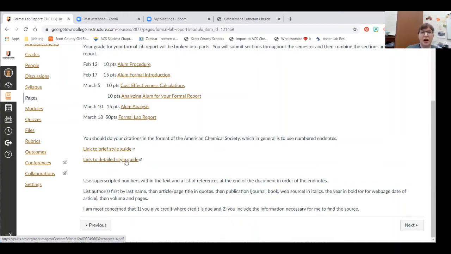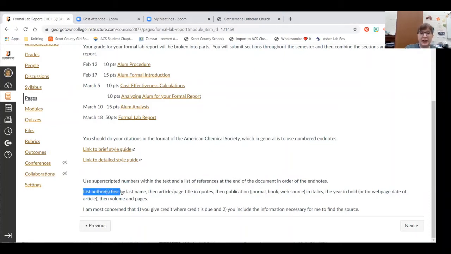So on the bottom of this, I've given the general format for anything you're citing. Whatever you're citing, you start by listing the author. As you would think, you put the last name first and then usually initials, but you could do first name if you want to. After that, if it's a journal article, you put in quotes the title of the journal article.